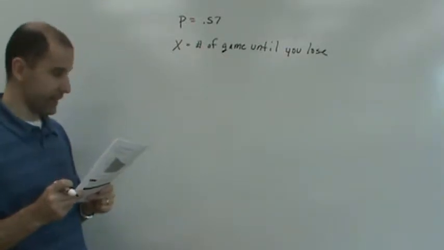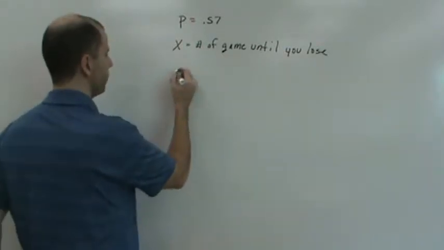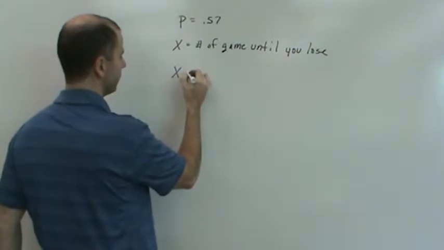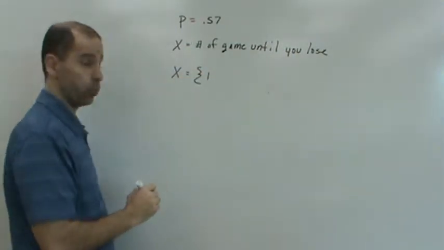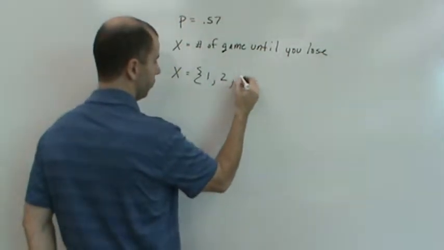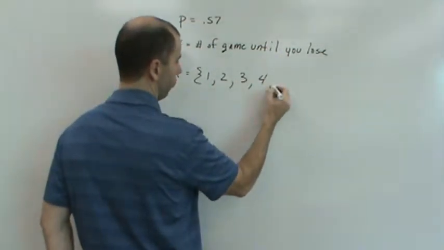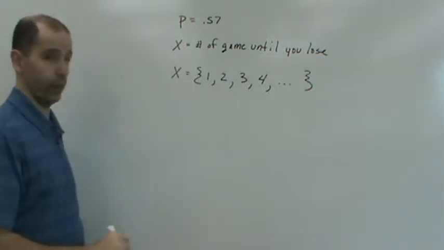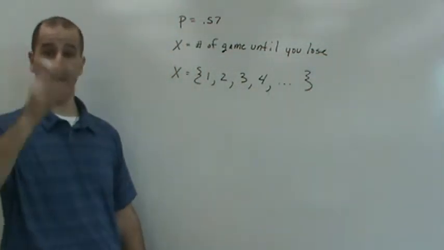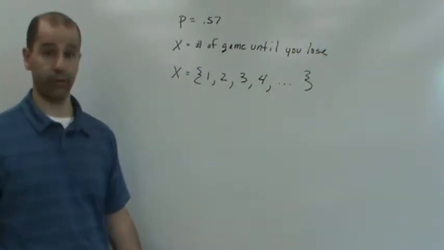So what are the possible values of X? X could be at least 1, 2, 3, 4, and so on and so forth. It could go on; you could keep playing. You could have a large winning streak.